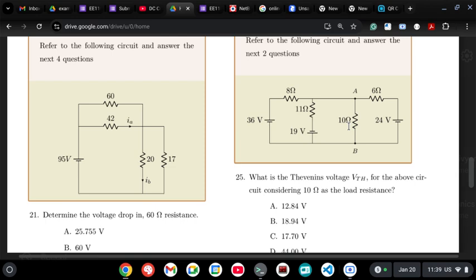How many of you don't know how to do it? I want to see your hands raised. See, let's say all of a sudden this question, question number 25, on the board, it comes to you. Can you solve it without referring to any other sources? How many of you can solve it at least?